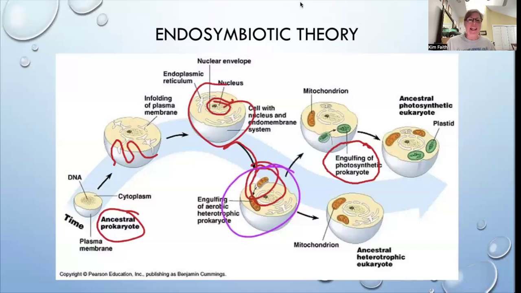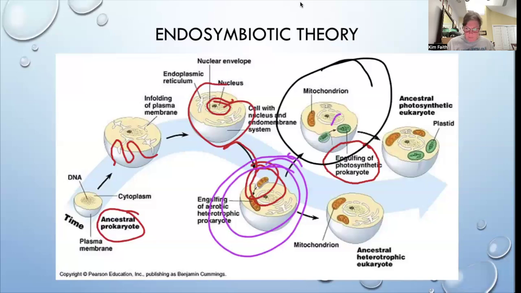So this is why we call it the endosymbiotic theory. Endo means into, sym means together, bio, life. So these are working together here. They form a great relationship or partnership, and they're much more successful together. Now, somewhere down the line, this happened again, a second time.